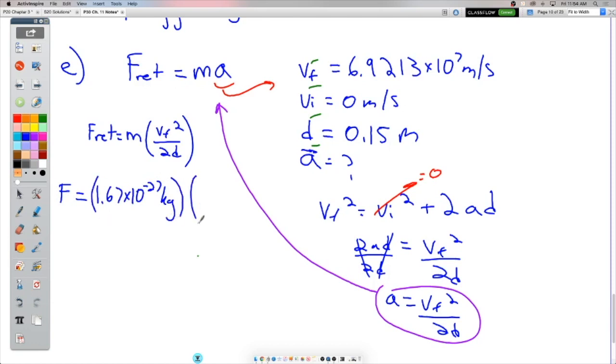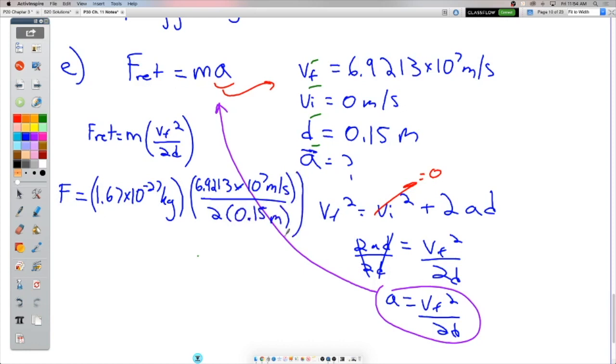times their final velocity, which again is 6.9213 times 10 to the power 7 meters per second, divided by 2 times the distance they travel, which is 15 centimeters.